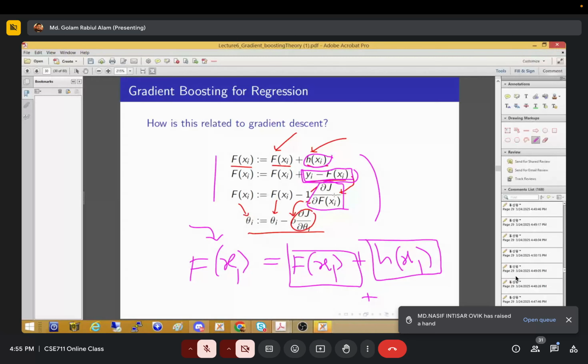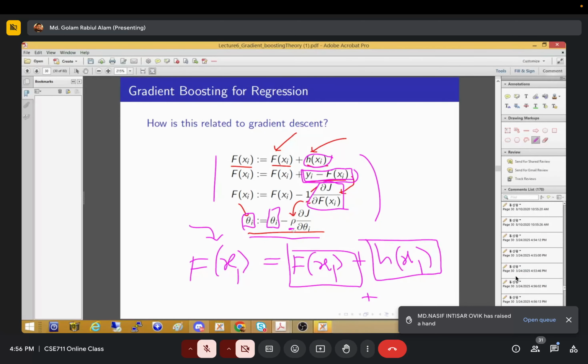But we can control this update by the learning parameter also. That's why, instead of 1, we can introduce rho here. That is similar to our gradient descent update: the new value is updated from the old value minus rho times the gradient.